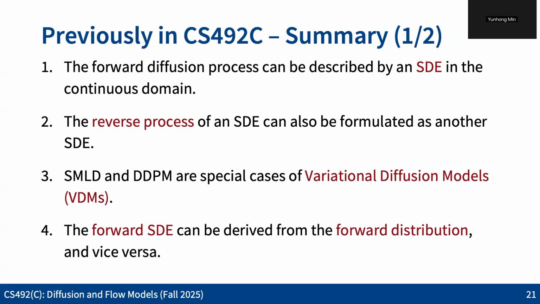And also the forward SDE can be derived from the definition of the forward distribution, and the other way can also be done by the conversion that we have seen in the previous slide. So are these clear? Those are some key connections between the continuous time formulation and the discrete time formulation.